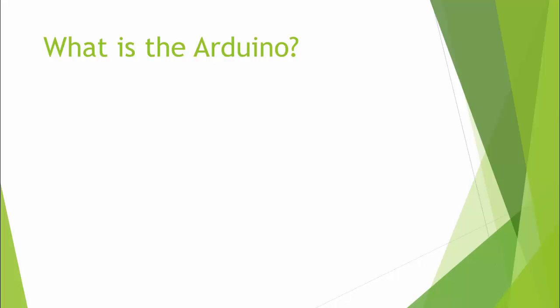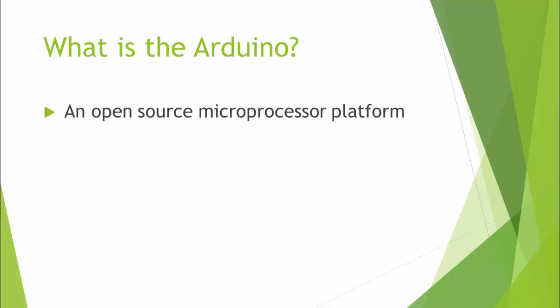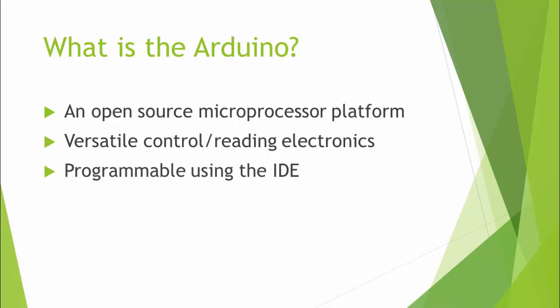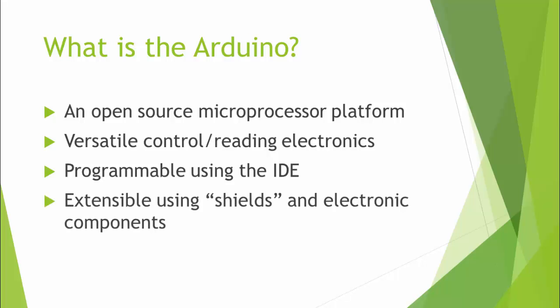So first off, what is the Arduino? It's an open source microprocessor platform. So we can think of it as a small computer that is in fact open source. It has great versatility in terms of controlling and reading electronics. It can be programmed easily using an integrated development environment.